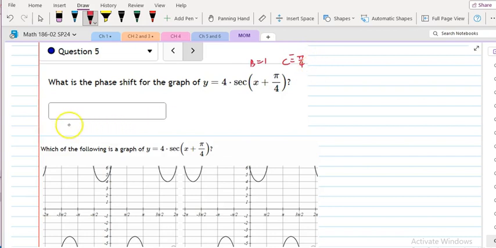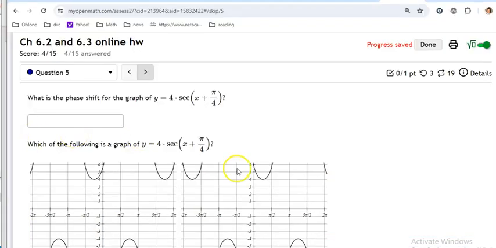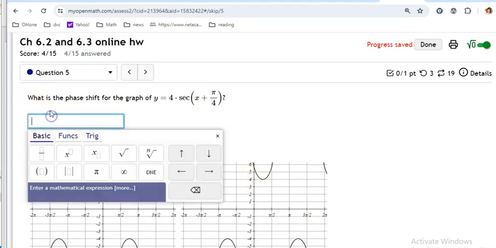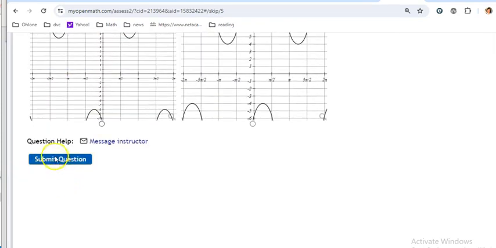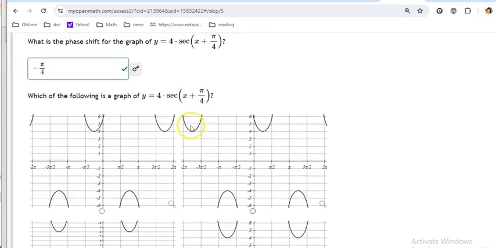That means negative pi over 4. So the phase shift is negative pi over 4. It's about moving left or right, a translation of pi over 4. And if that is the case, let's select the graph. So what would the graph be?